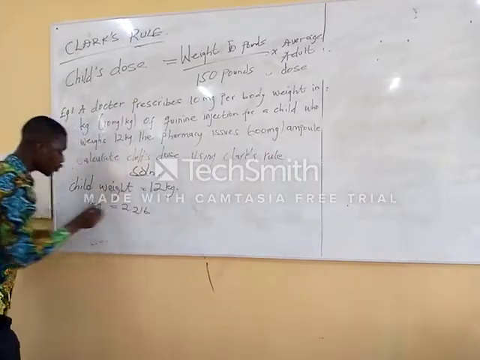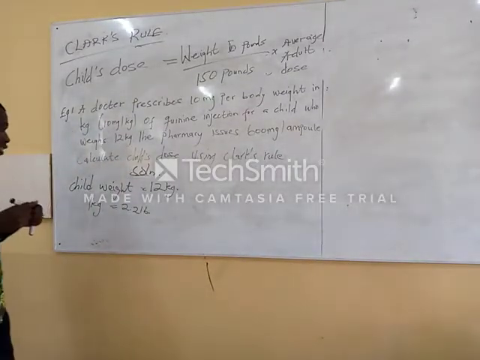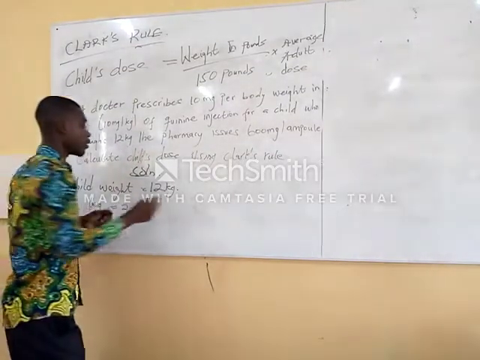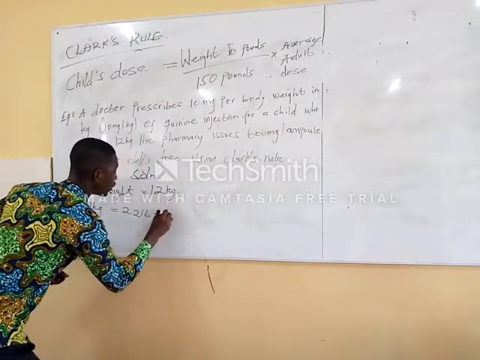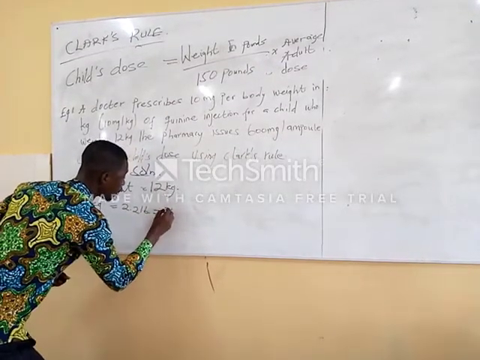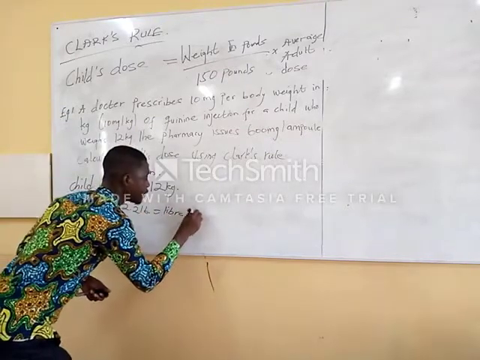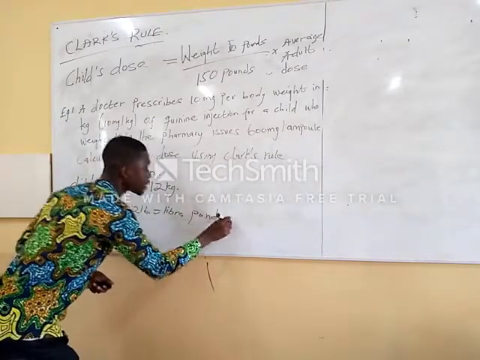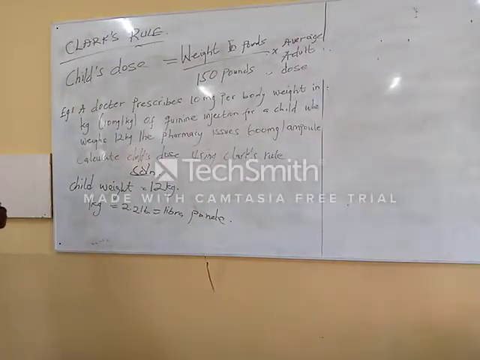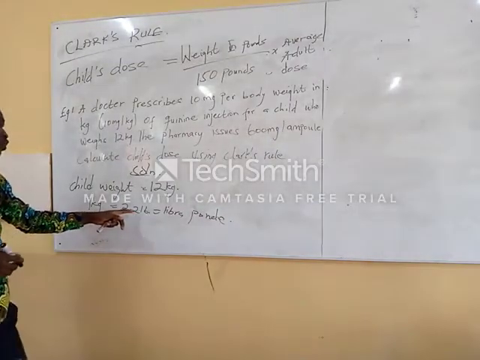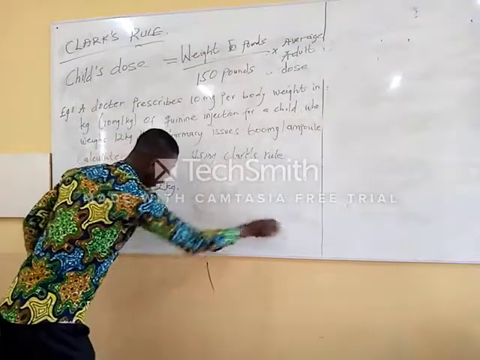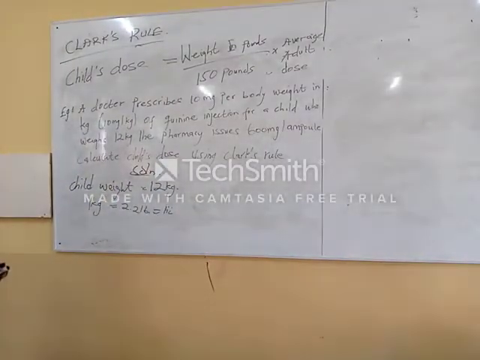The unit for pounds, lb, is from a Latin word, libra pondo. This is how they pronounce it, and that is why we have this unit. 1 kilogram is equal to 2.2 pounds.